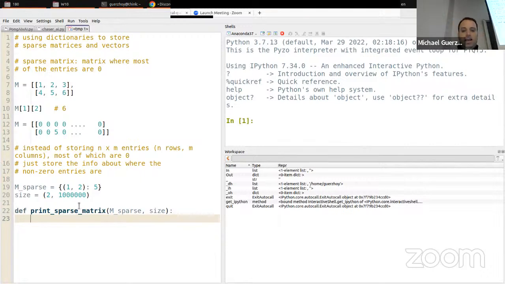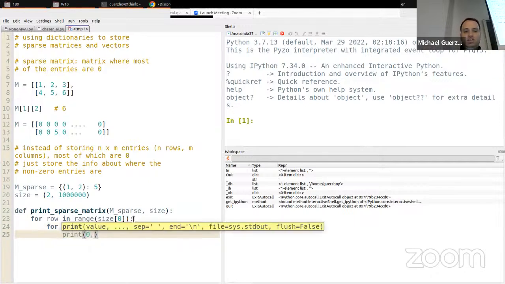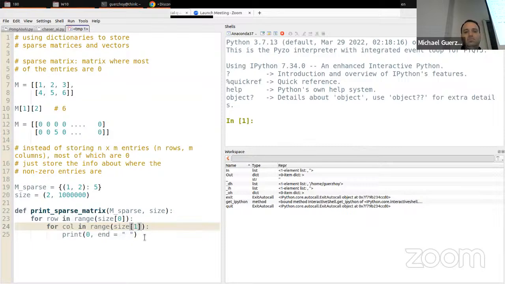So I'll say, for row in range, so this would be size 0, this many rows. And then for column in range size 1, so this many columns. For now, I'll just say print 0, and here I'll say end is a space. That's not going to be super pretty. We'll fix it up, but for now that will print just all zeros.